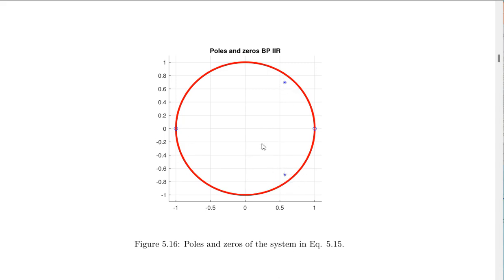Up to now, you have learned that zeros prevent passing the frequency components related to them, but poles provide facilities for passing. Okay?